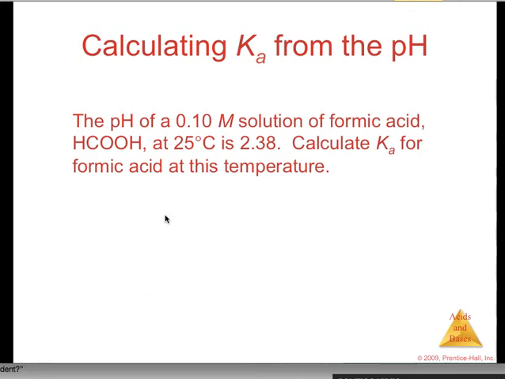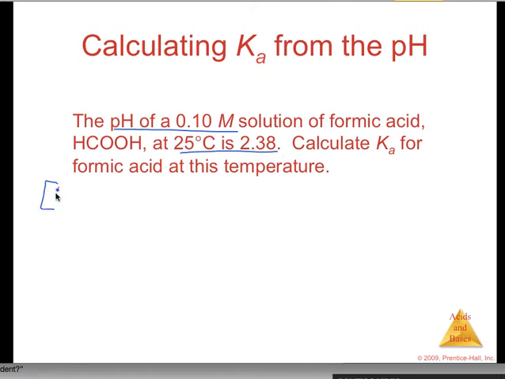So how do we calculate a Ka from the pH? This is where you have to know how to decipher the given information.